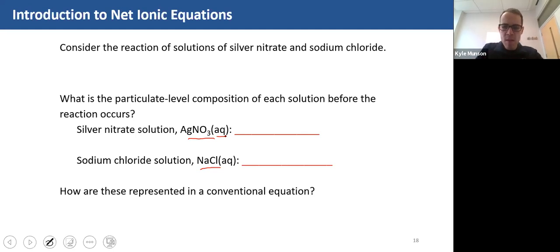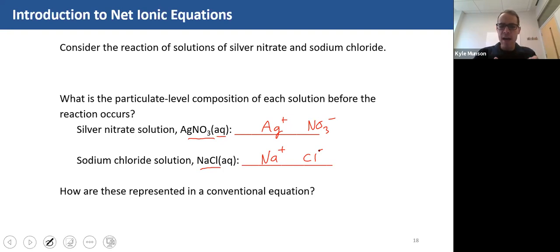So at the particulate level, we're going to have silver ions and nitrate ions, and we're going to have sodium ions and chloride ions. Okay? And so that's how it is on the particulate level. Each solution before this reaction occurs, you have these ions floating around in solution.